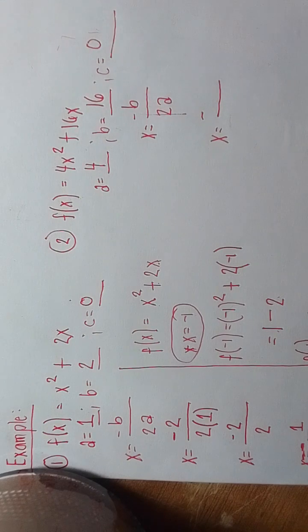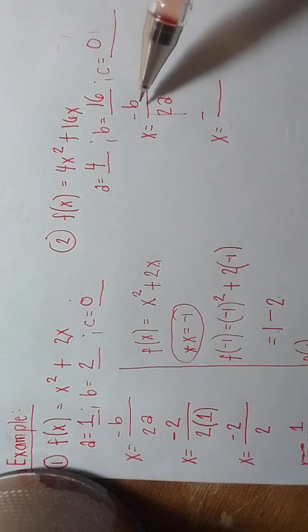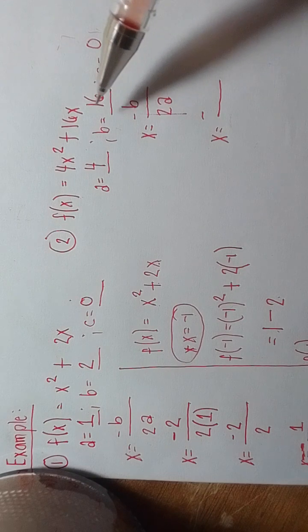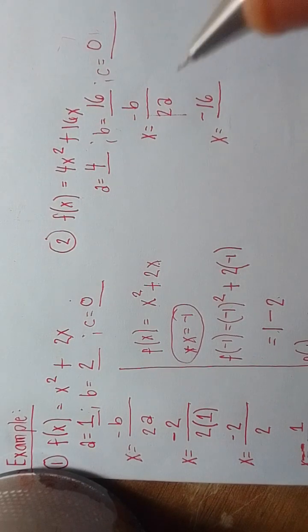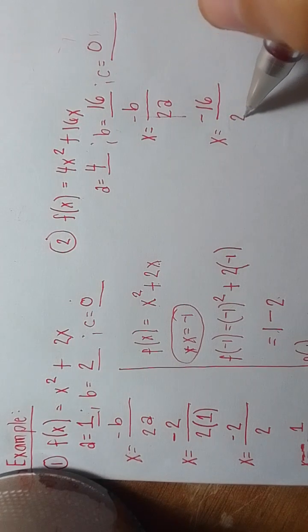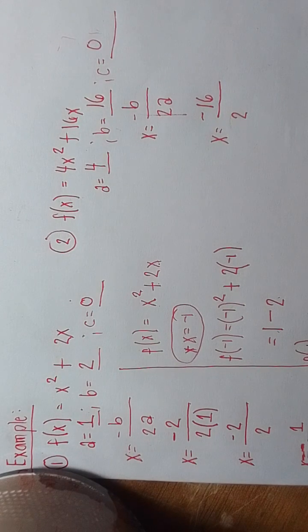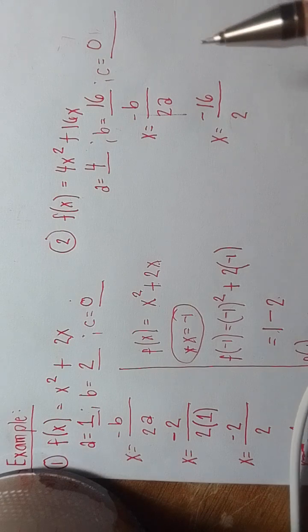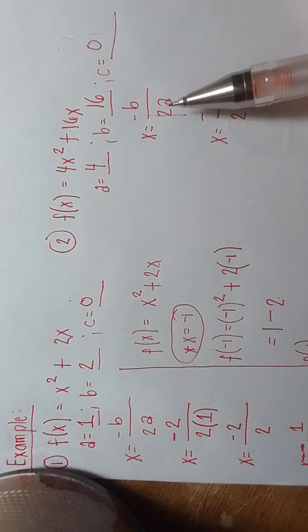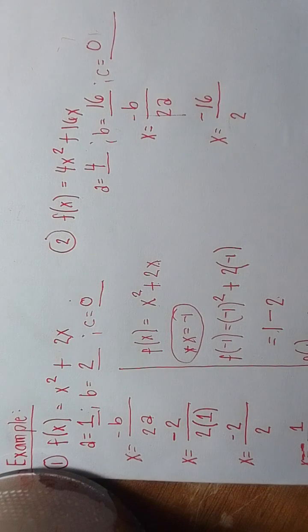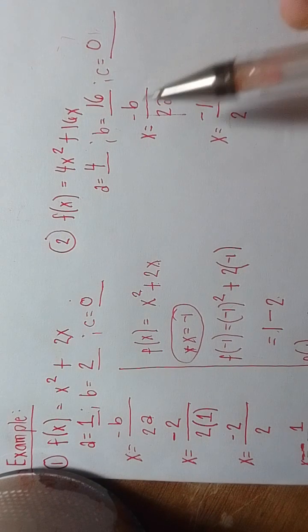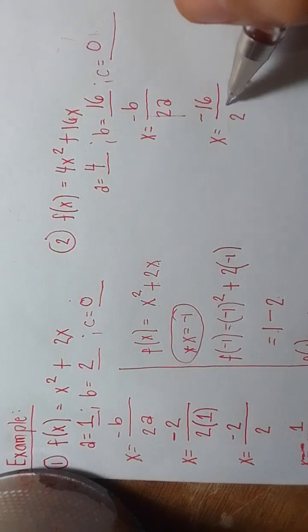So, negative, then substitute b. Look at your given, the b is positive 16. So, 16. Denominator, we have 2, already given. Copy that, given in the formula, rather. Next is A. So, we replace it with the value of A in this item, which is 4.